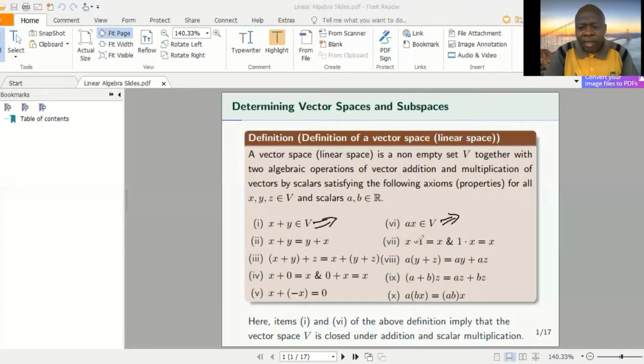If these two are satisfied, then the rest will automatically be satisfied. If any of these two is not fulfilled, then that set does not qualify to be called a vector space, and therefore it will not be a vector space. But let me just show you a few examples.